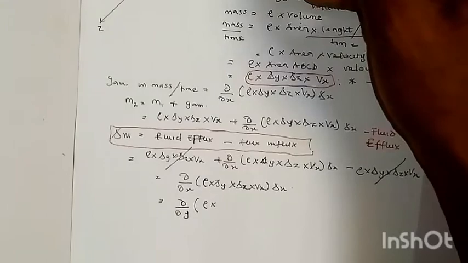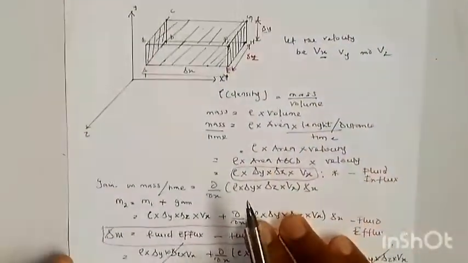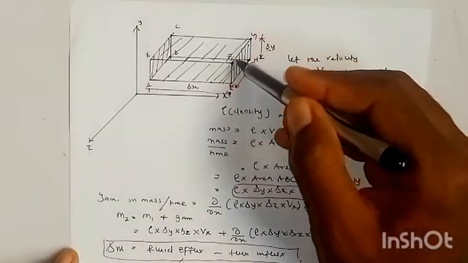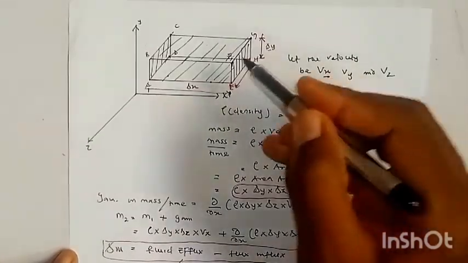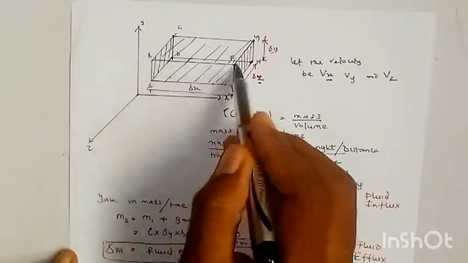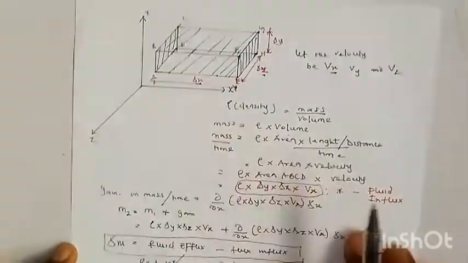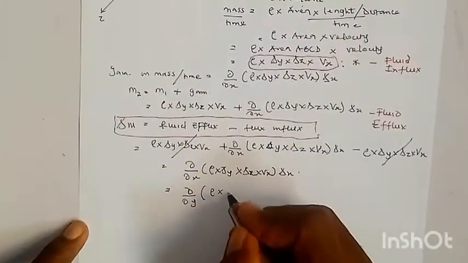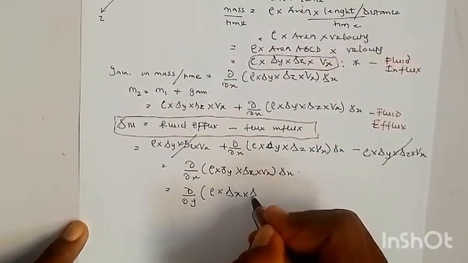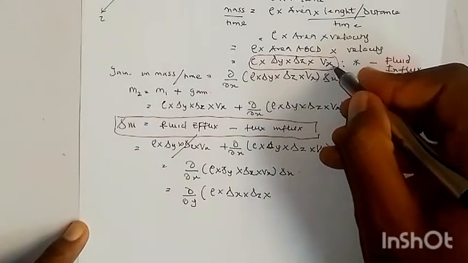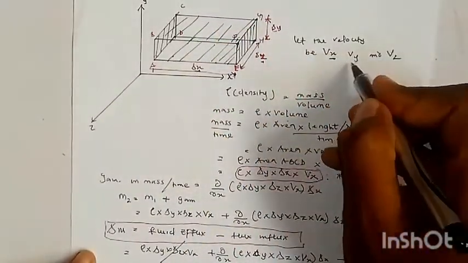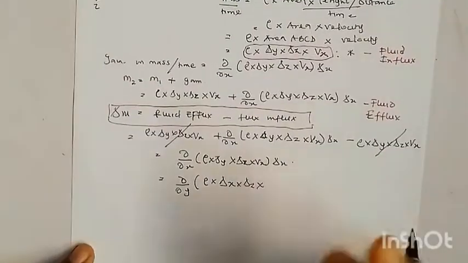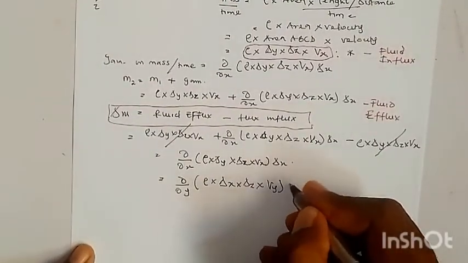The dimension here is dx, dz. So the area along the y direction will be dx times dz times my velocity along y direction, which we are given to be vy, with respect to dy.